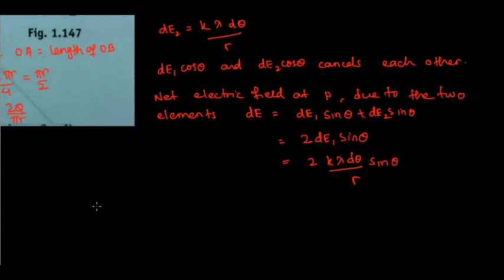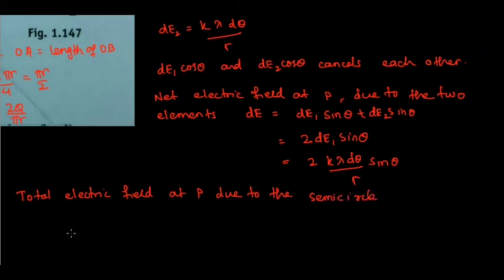So we have to then find what is the total electric field at P due to the semicircle. E is equal to the integration of dE, and that is equal to the integration of 2k lambda d theta divided by r into sin theta.